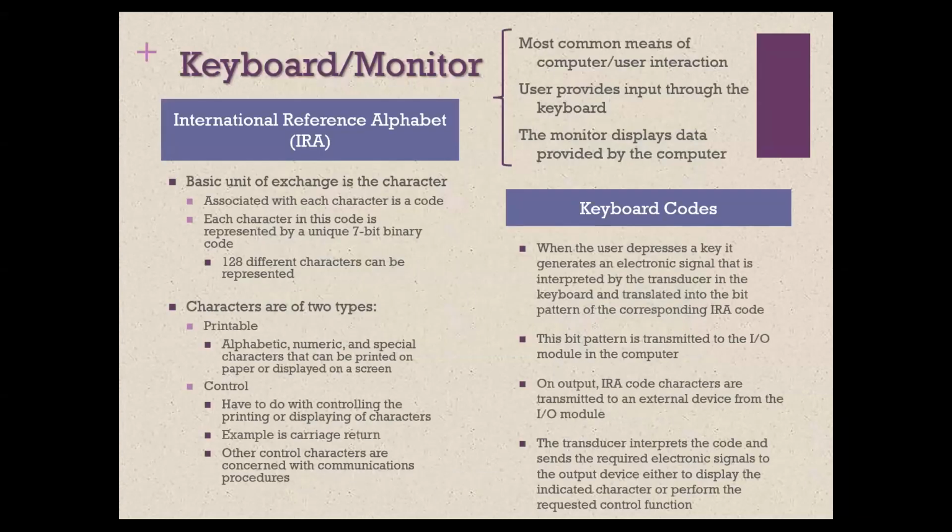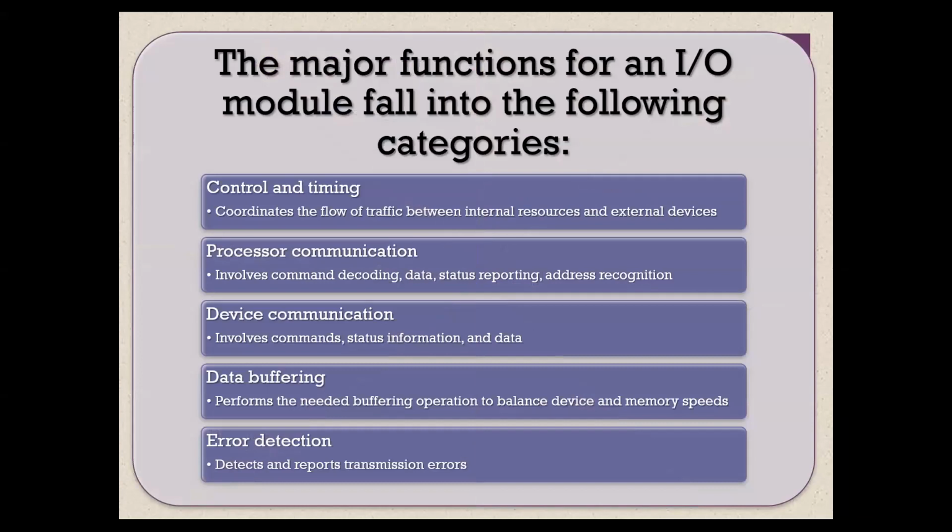So the disk drive, for example, contains electronics for exchanging data, control, and status signals with the I/O module, plus the electronics for controlling the disk read or write mechanism.